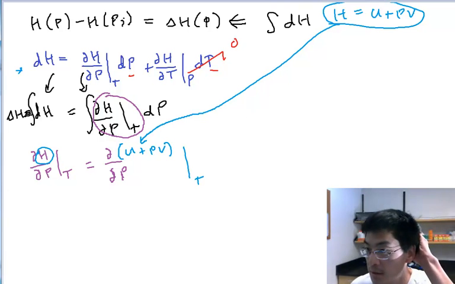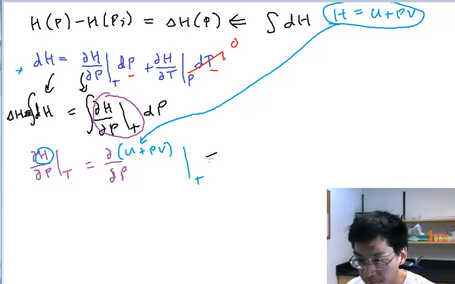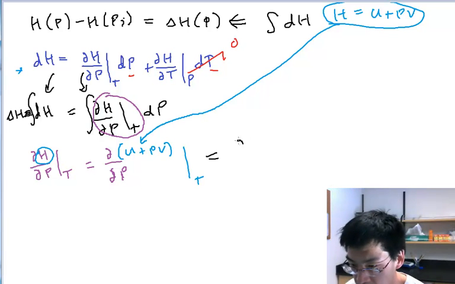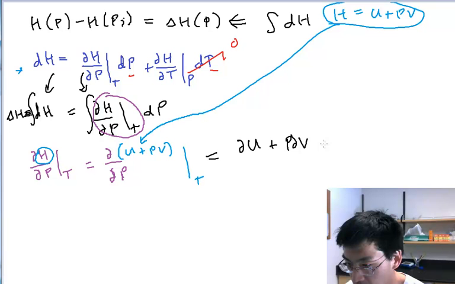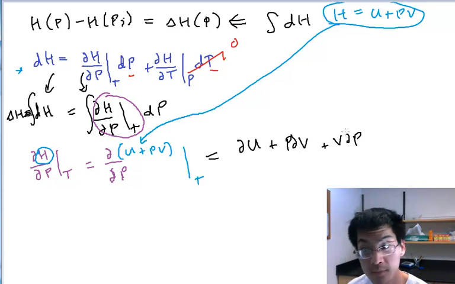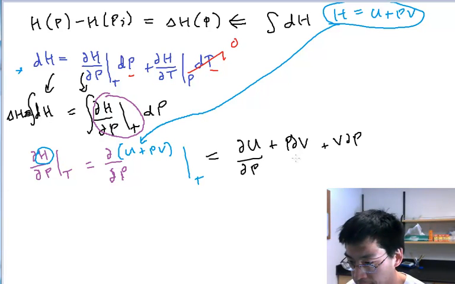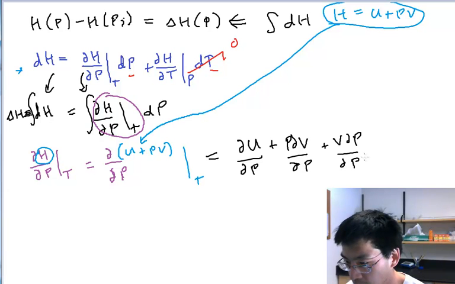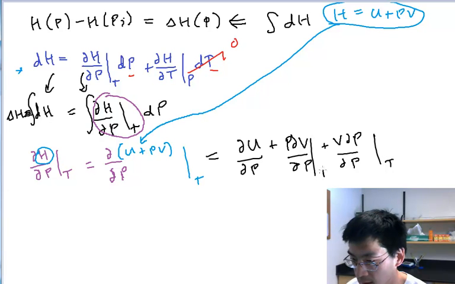Okay, so doing that, this is something you've done before, du plus pdv plus vdp, right? You've done this before. And dp goes on all of these. And these are all at constant t.